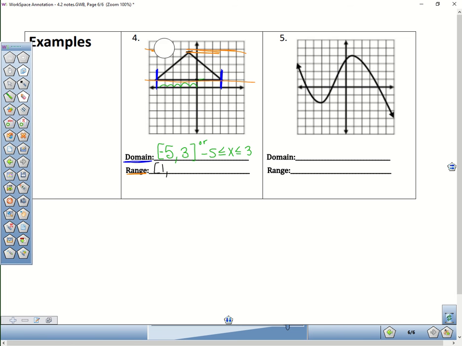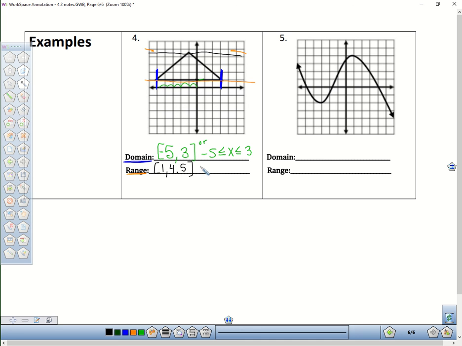I kind of drew over it. Not quite to 5. It goes to about 4.5. Good. 1 to 4.5. Or you can write it as 1 is less than or equal to y is less than or equal to 4.5, meaning your y value is between those two.